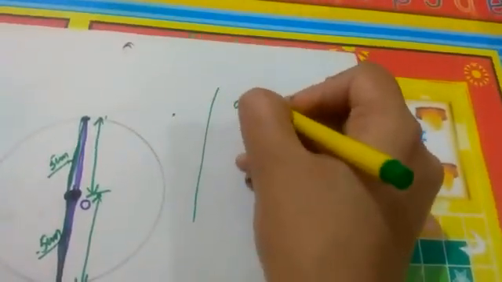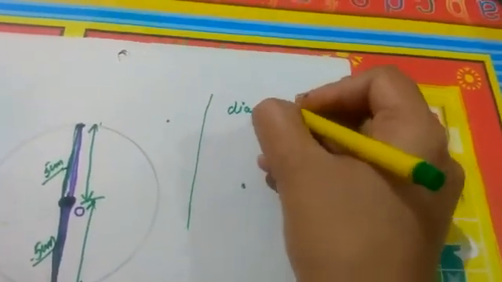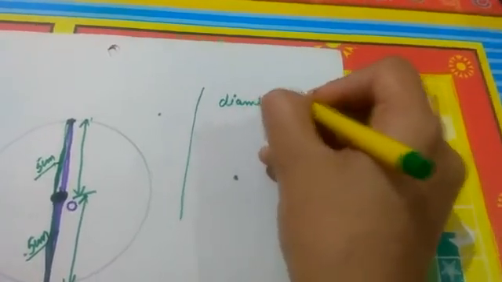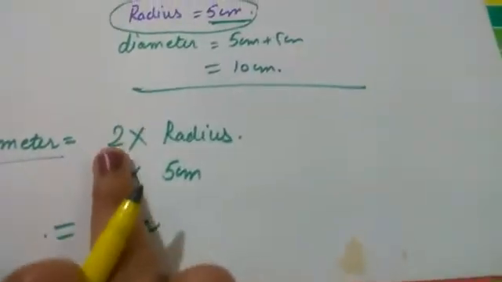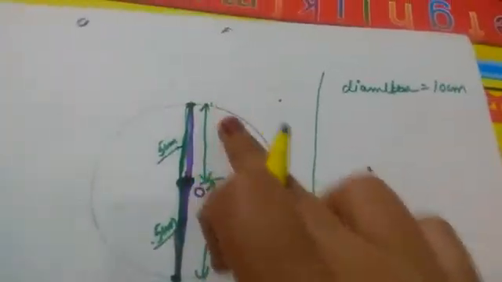And this question can be reversed also. Let us suppose in some question the diameter is given to you, equal to 10 centimeters. Now you have to calculate the radius of the circle. The diameter is double the radius. The diameter is bigger.